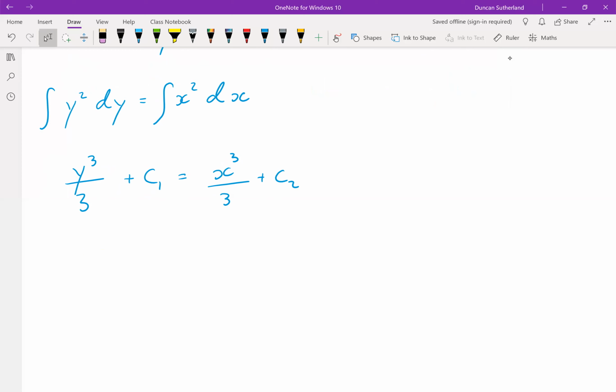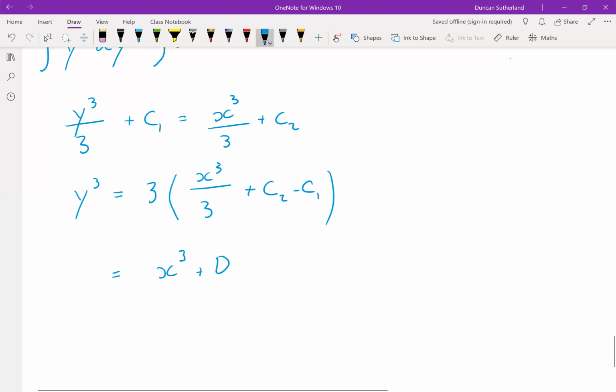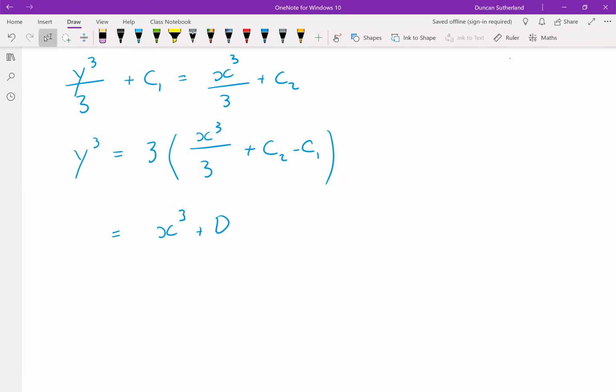Now we're typically interested in y as a function of x, so let's go ahead and rearrange for that. And note that I'm just lumping all my constants together and calling it some new constant d.